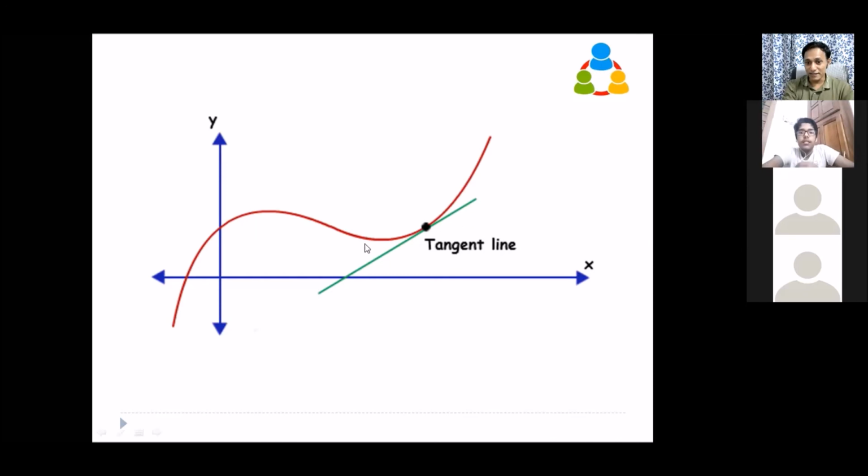The slope of this curve at any point, if you want to find out, draw a tangent and find the slope of the tangent. That is the same as the slope of the curve. How do you calculate the slope of this line? Y by X. Mark Y, mark X. The slope at the point is Y by X.